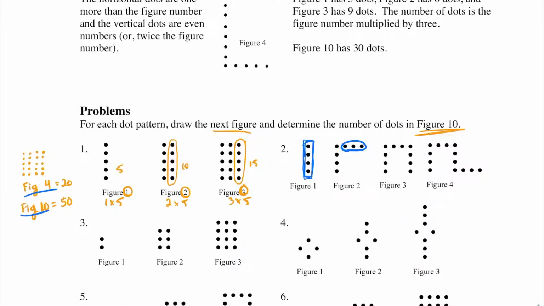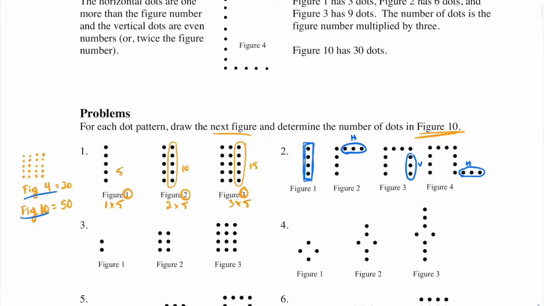But for drawing figure 5, the next figure in this pattern, I noticed that I added another 3, but this time going vertically. And in figure 2, I added 3 horizontally. And then over here in figure 4, I added another 3, and this time going horizontally. So I think for figure 5, it is safe to assume that I'm going to add another 3 dots going vertically now.